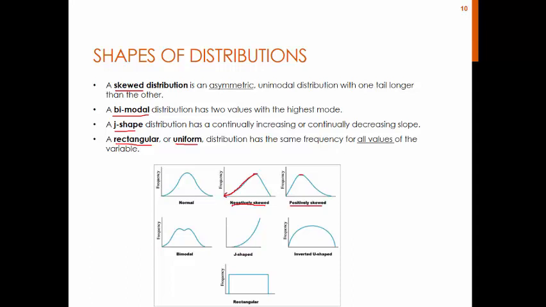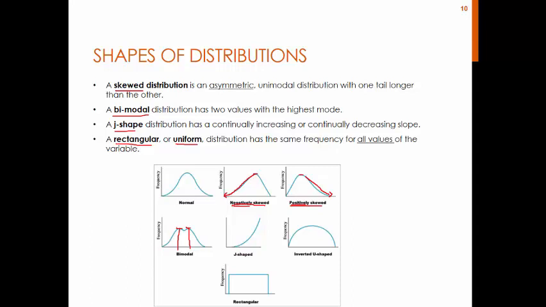If it extends towards the left or towards smaller values, we call it negatively skewed. And if the long tail extends in the positive direction or towards larger values, we call it positively skewed. A bimodal distribution is one that has two values on the x-axis that have the equal and highest frequencies.